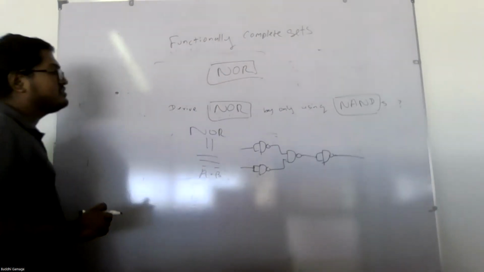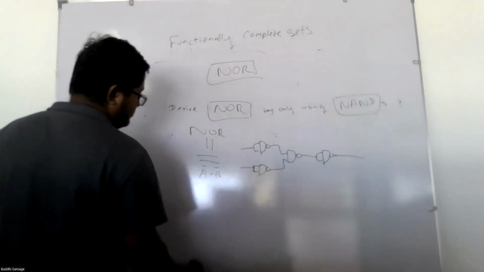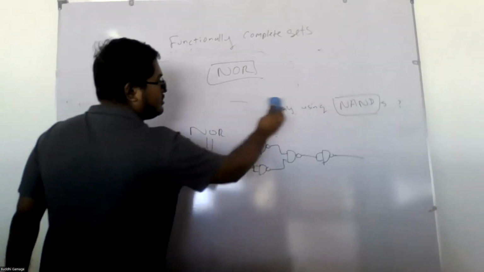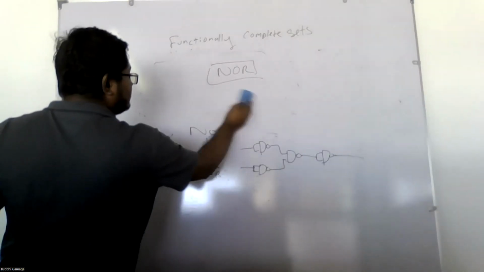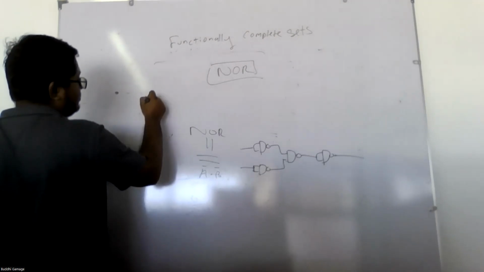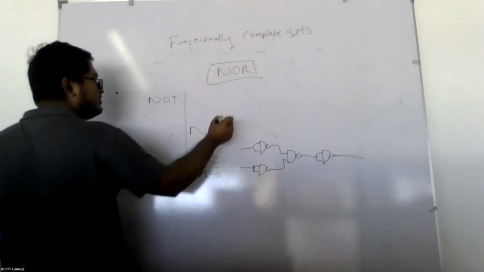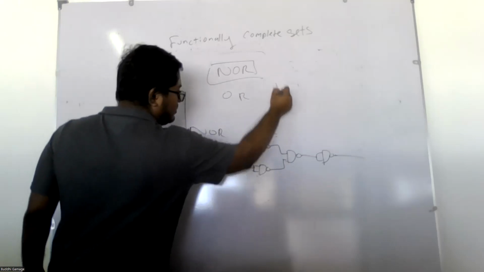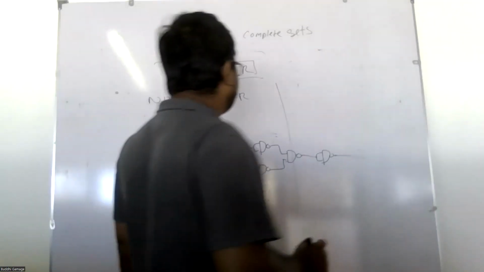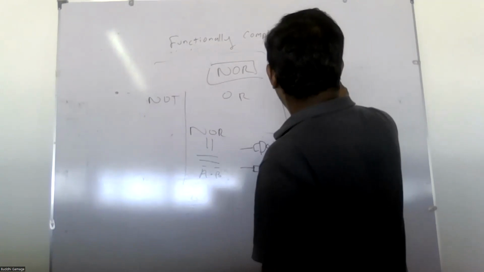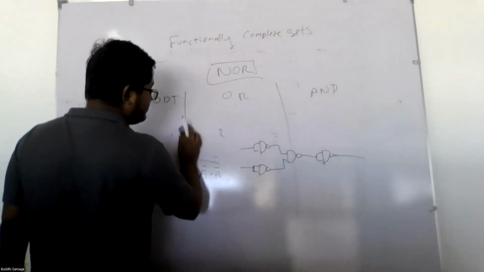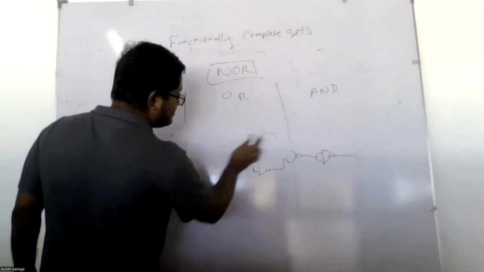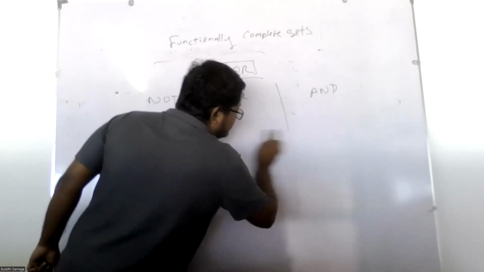So what we need to do is derive the not gate, OR gate, and AND gate by using only NOR gates. So it is the same, but this time we are using NOR gates.